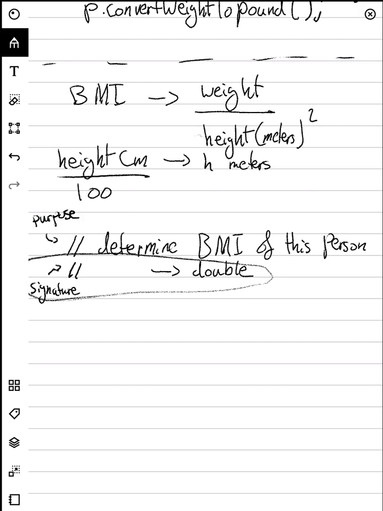All right. So like you said, we're going to start with a double because the return type is going to be a double. Okay. What do I do after? You have to give it a name. So it's going to be double BMI, for example. Or calculate BMI, right? Calculate BMI, yes, excellent. Calculate BMI. Okay.